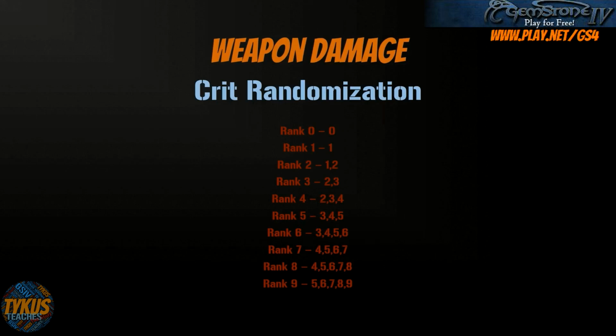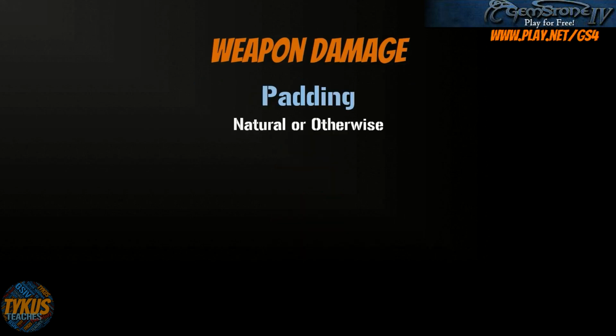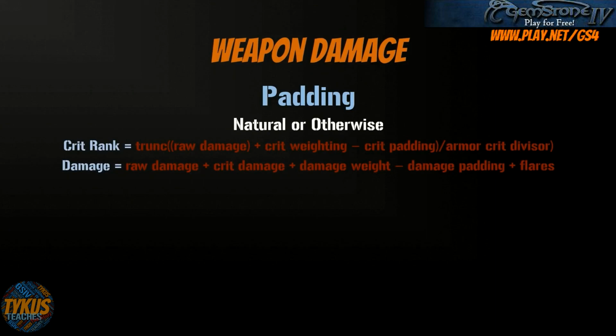And last thing, I swear, is padding, natural or otherwise. There are many creatures in the game that have some sort of inherent padding, either critical or damage padding, and here is where they fall into our formulas. Crit padding is taken into account at the same place that we would have added crit weighting. So if we have 10 points of crit weighting and our adversary has 10 points of crit padding, they negate each other. Same goes when we calculate total overall damage.